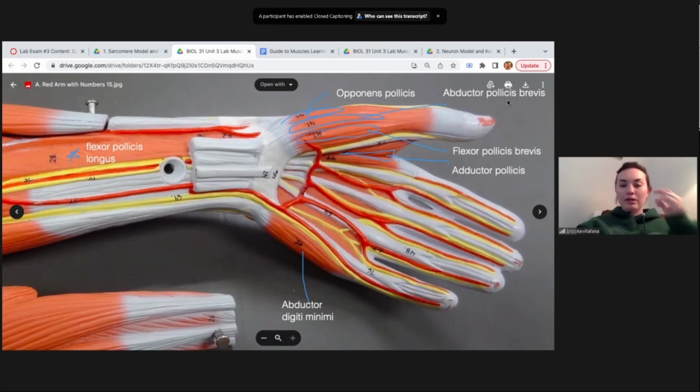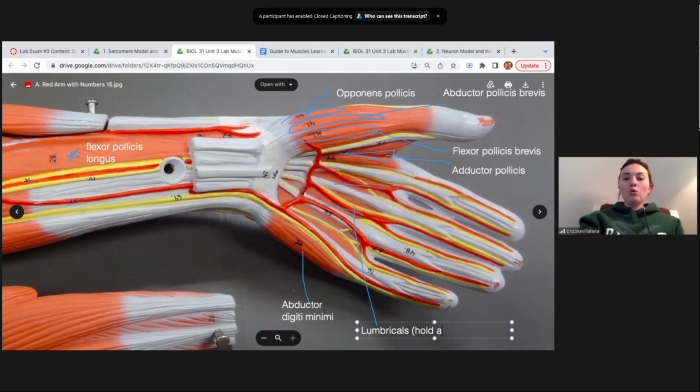So very straightforward. The muscles that lie in between the fingers here are called the lumbricals. The way I used to remember this is you can hold a brick, right? Hold a brick and maybe throw it at a lumbar. In my head, it was like throwing something at someone's lower back.